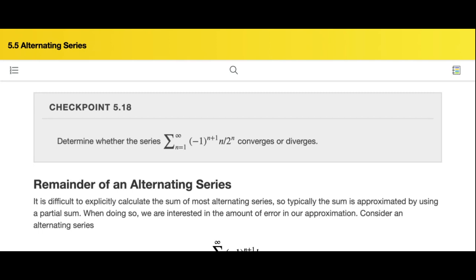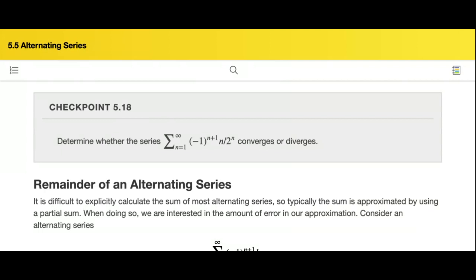Right, so we should try. We need to confirm two conditions. The first condition, convergent. Let's see. Okay, most people vote for convergence. So b_n equals n divided by 2 to the n, right, that's b_n.